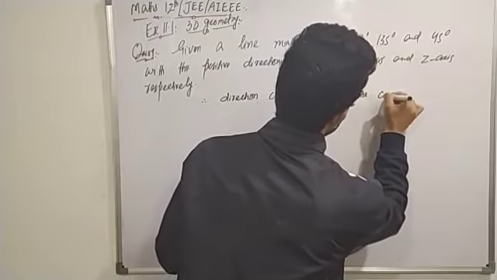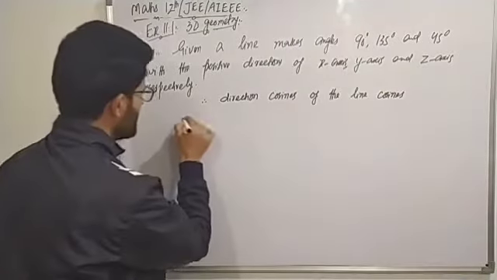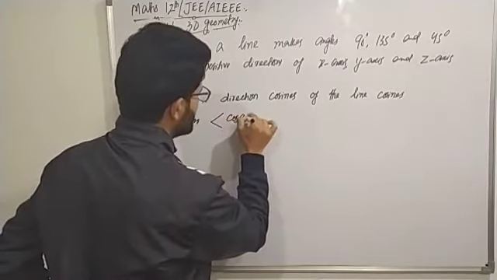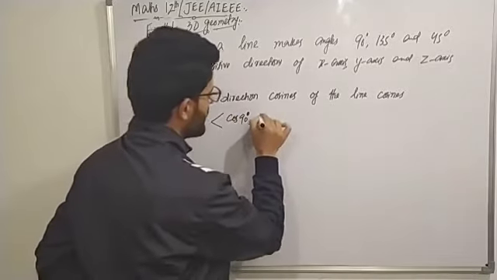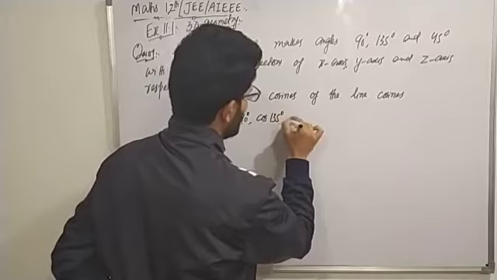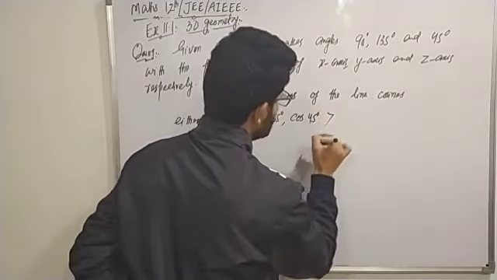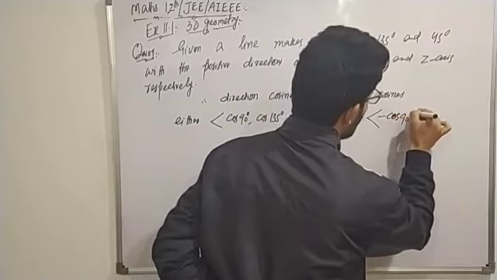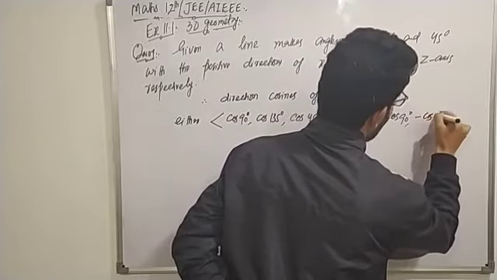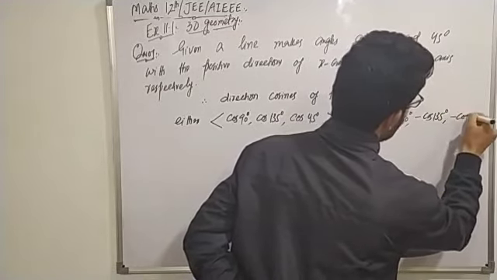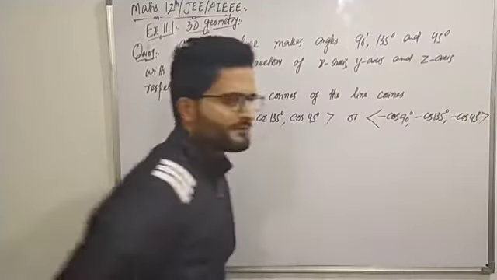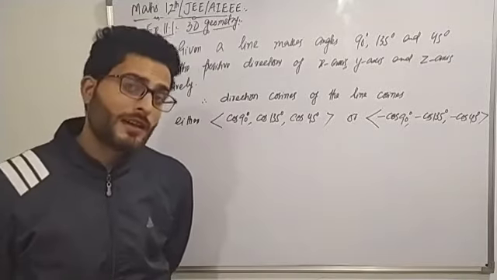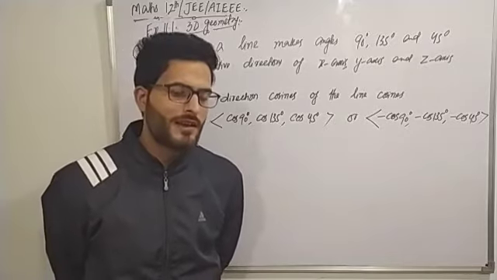So what will be the direction cosines of this line? Either the direction cosines will be the ordered triple of cos 90, cos 135 and cos 45 degrees, or their negatives, that is the ordered triple of minus cos 90, minus cos 135 and minus cos 45 degrees. Because these are the direction angles 90, 135 and 45, the line should have its direction cosines in two forms.